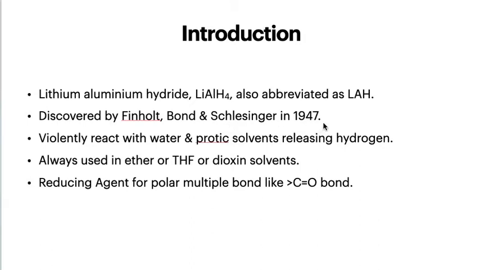Lithium aluminum hydride reacts violently with water and protic solvents, releasing hydrogen. So, it is always used in anhydrous condition in ether, THF, or dioxane solvent. It is used as a reducing agent for polar multiple bonds like the carbon-oxygen double bond, that is, for the carbonyl group.